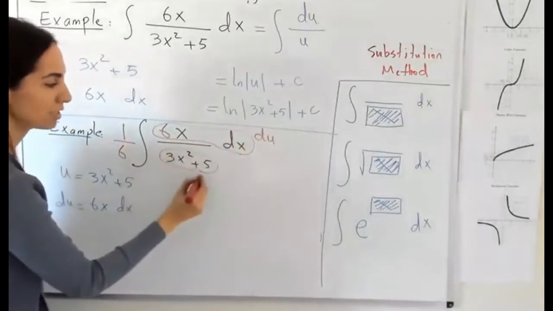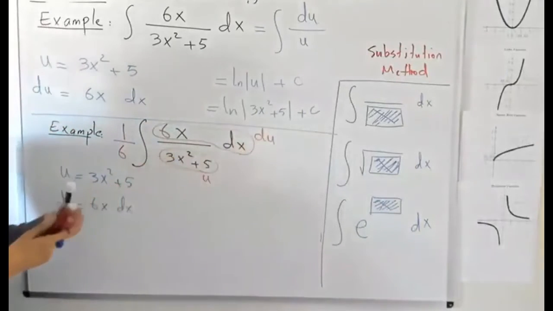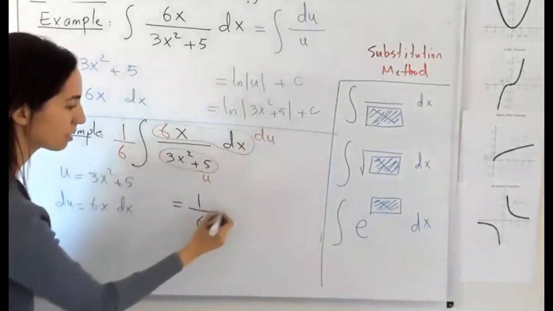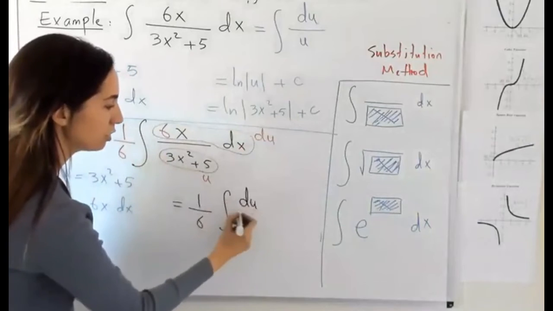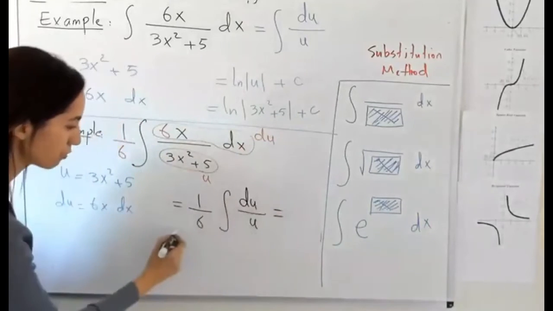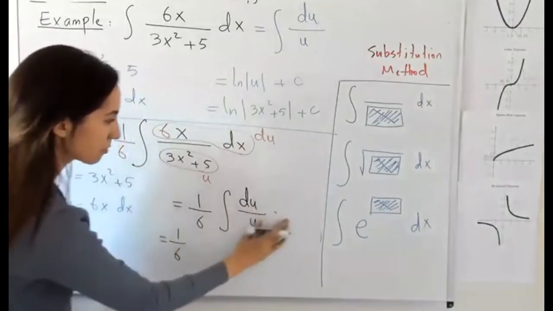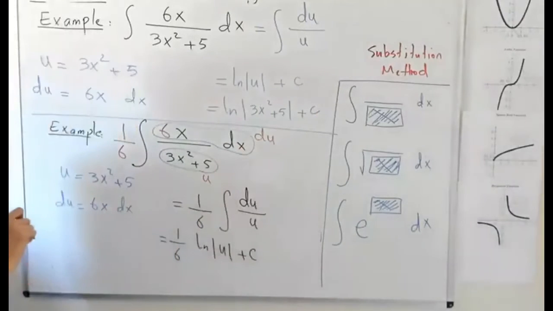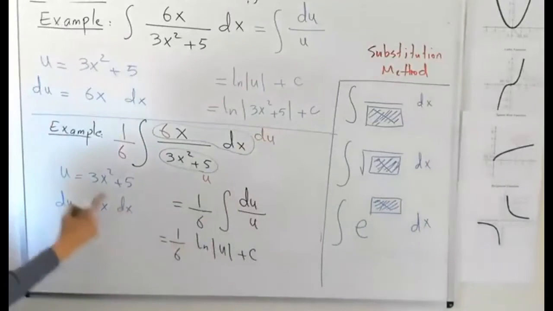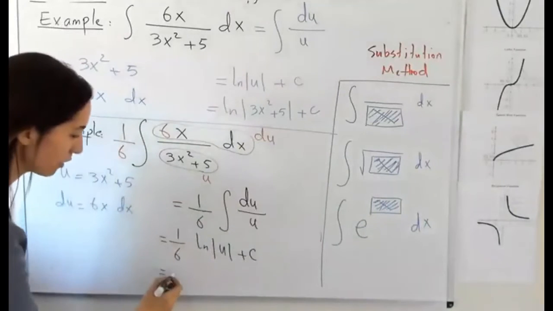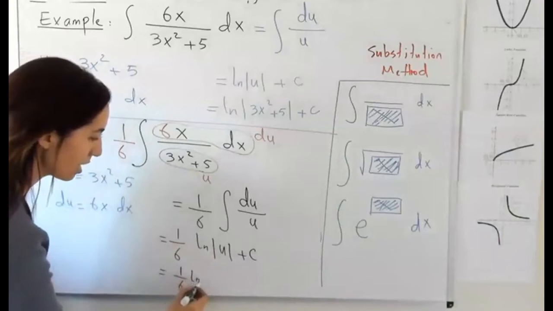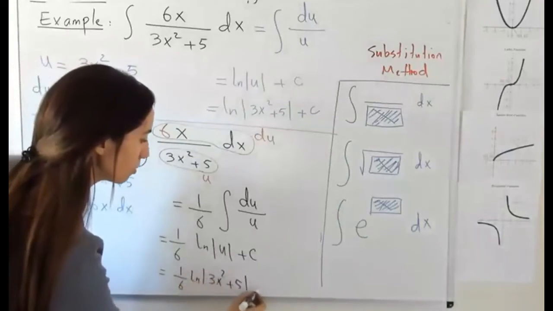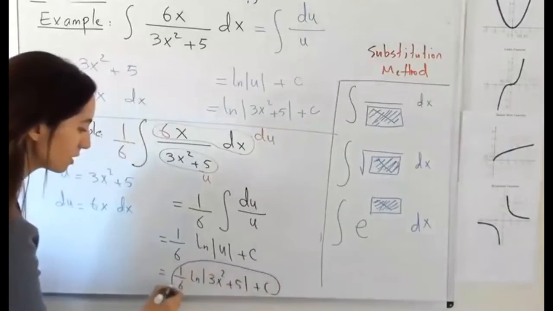On the denominator, I have my u. So now I can rewrite my integral as 1 over 6 integral du divided by u, which is 1 over 6 ln of absolute value of u plus constant of integration, and u is 3x squared plus 5. So I get 1 over 6 ln of absolute value of 3x squared plus 5 plus constant of integration.